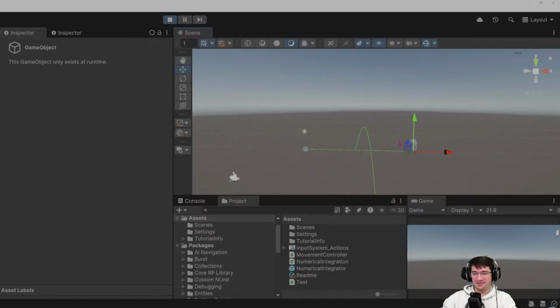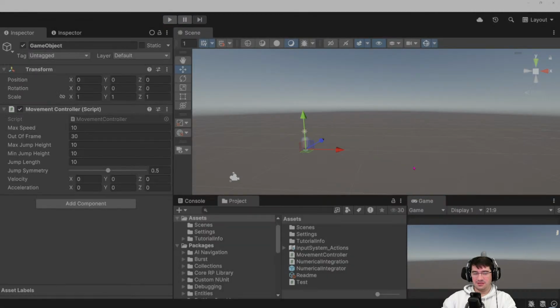That's not 10. What are you doing? That's not a jump height of 10. Are you kidding me?